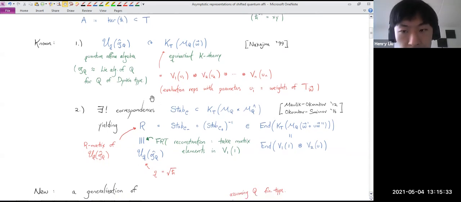Okay. The second thing we know, which again, I'll just state as a huge info dump, is that actually there's a nice geometric way to obtain these quantum affine algebras, which will not require you to write down certain generators and relations presentations of these quantum affine algebras.